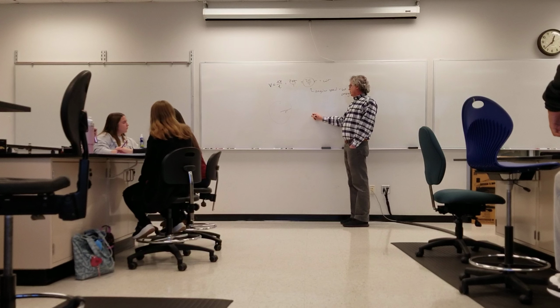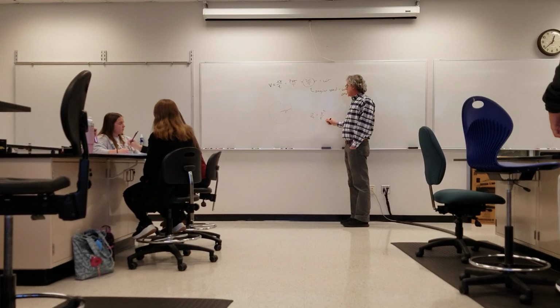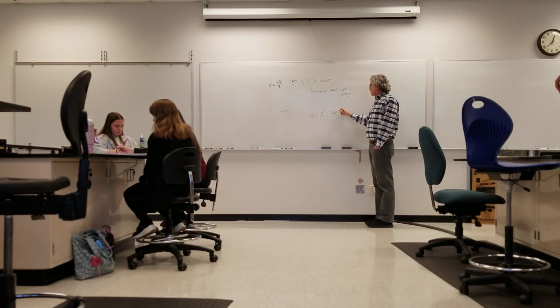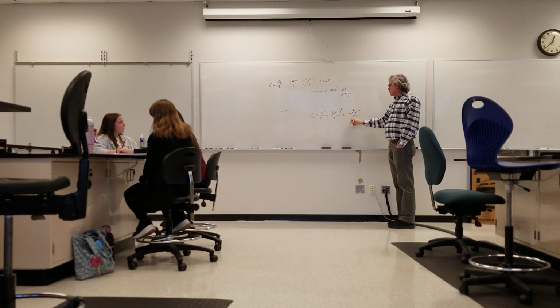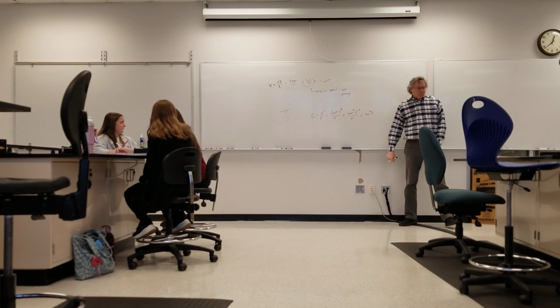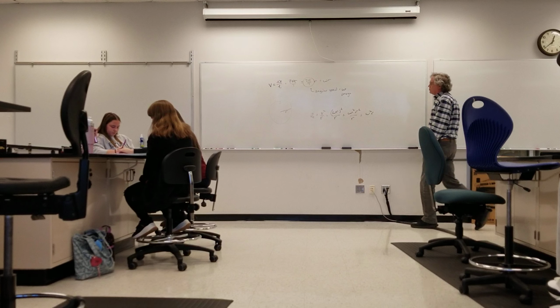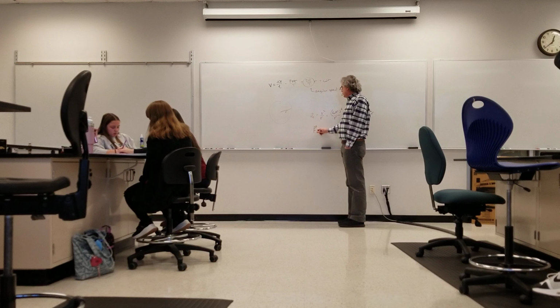So if I look at centripetal acceleration, the magnitude is v squared over r. Well, v is equal to omega times r, squared over r. I get omega squared r squared over r, which is just omega squared r. So if I have something traveling in circular motion, I know F equals ma.